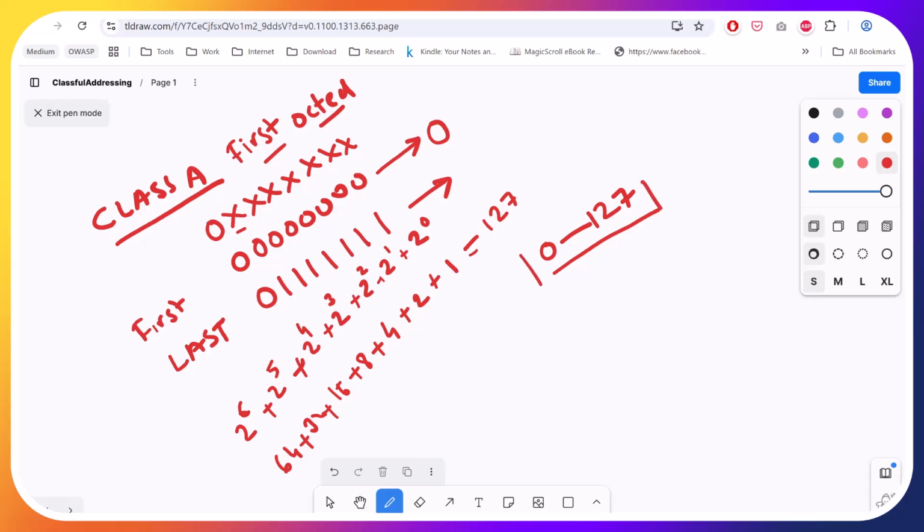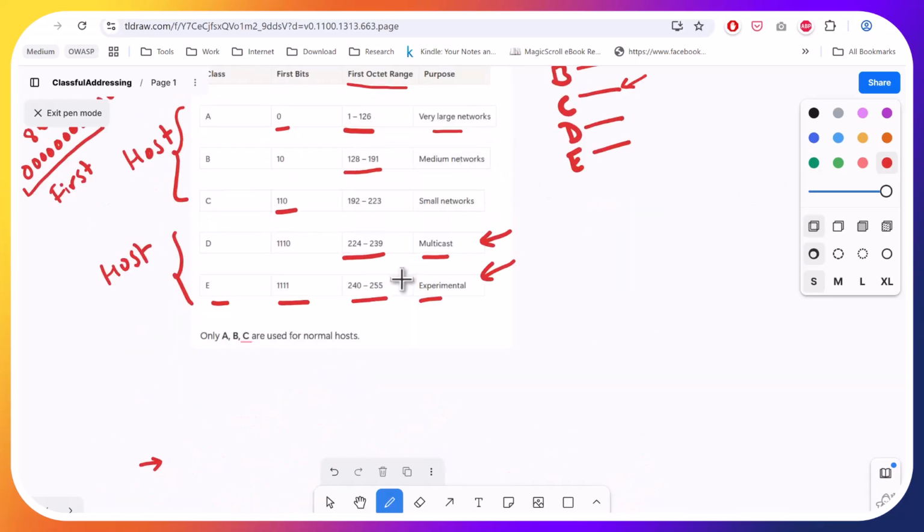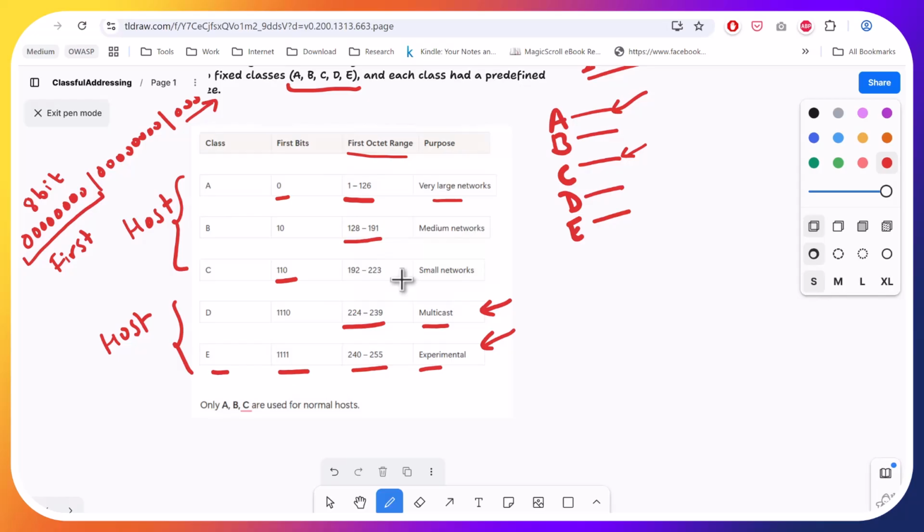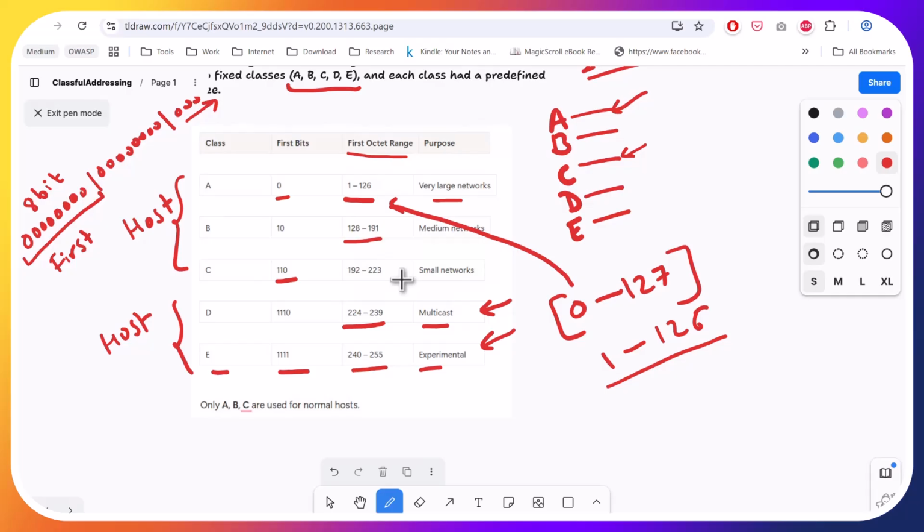Now obviously you will ask me a question. You are saying 0 to 127, but here you are showing 1 to 126. Why is that? Because we have seen that the address 0.0.0.0 we cannot use.